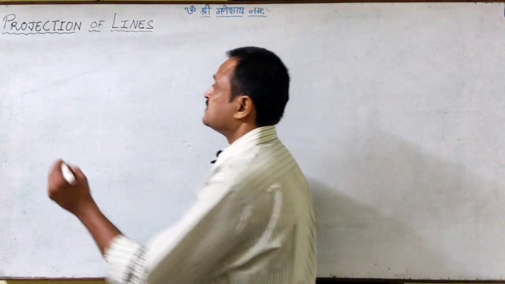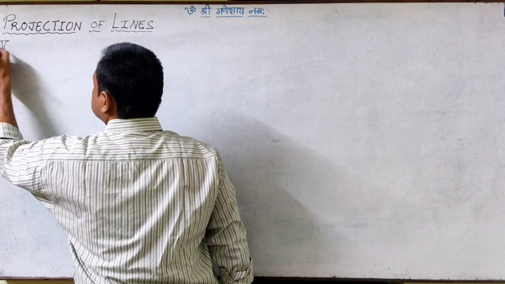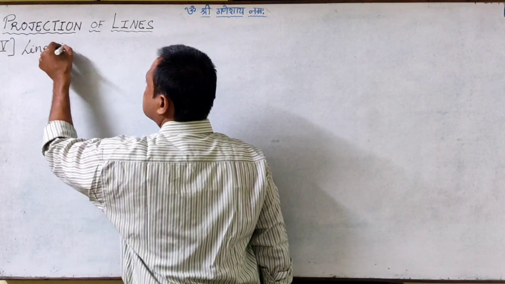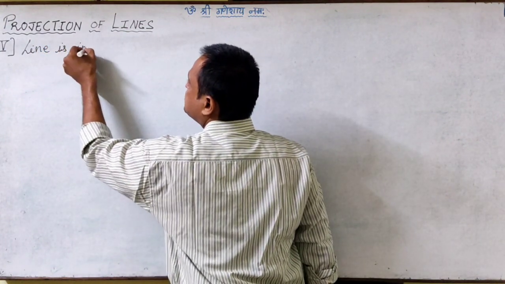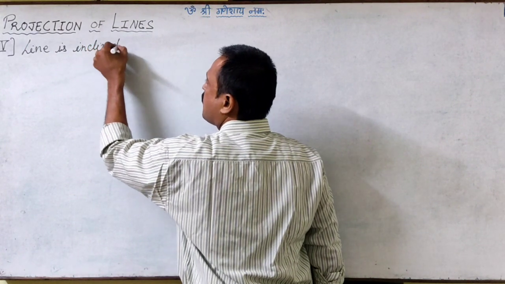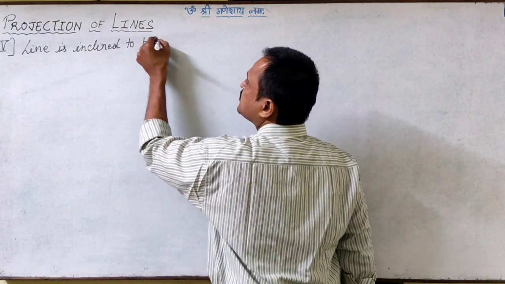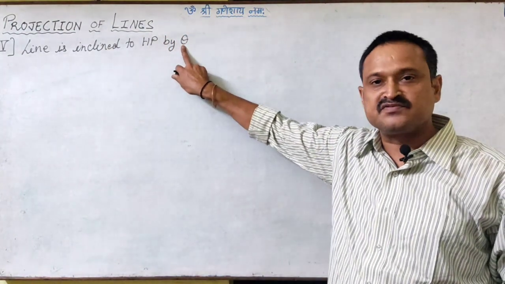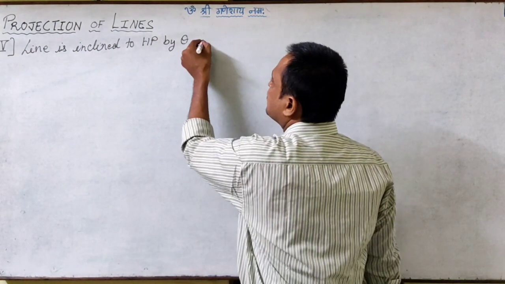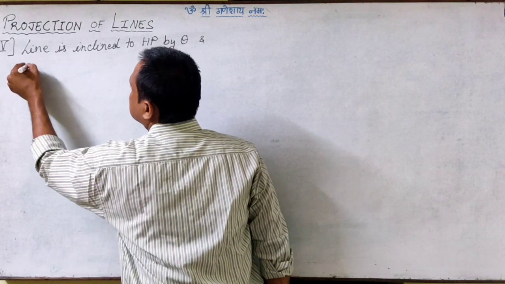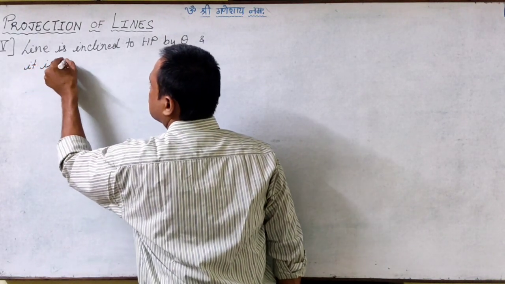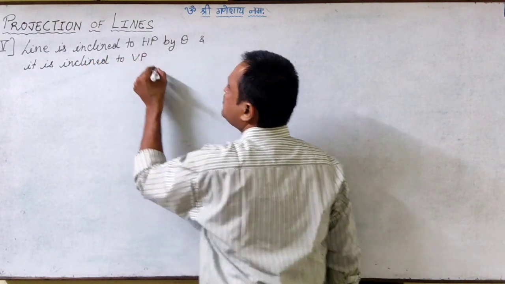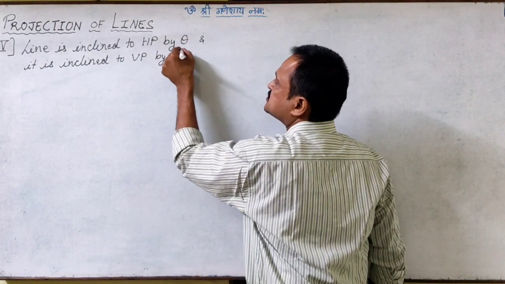The fourth case for us will be when a line is inclined to HP by angle theta, where this theta is the true inclination of the line with the horizontal plane, and as well it is inclined to VP by an inclination phi.